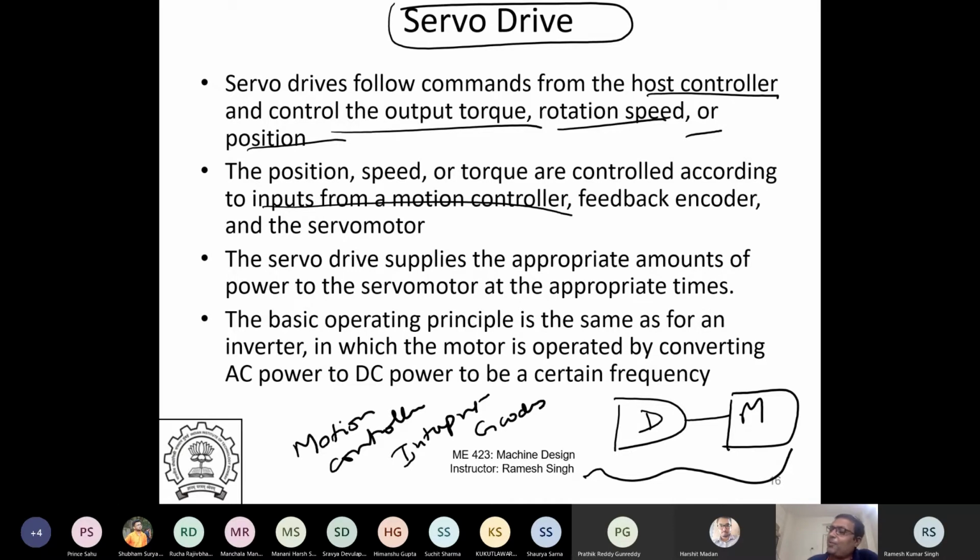The servo drive supplies the appropriate amount of power, because the computer controller will give only 5 volts, which is not enough to drive the motor. So it amplifies this signal and provides enough current and power to drive the servo motor.